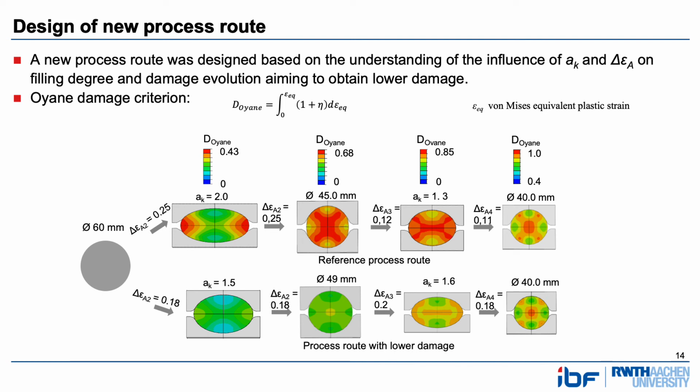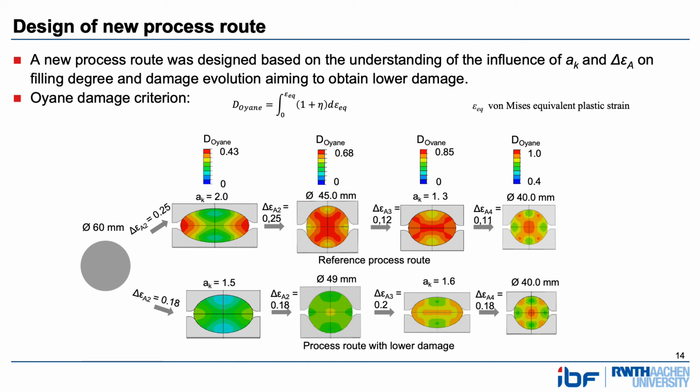We can see the new process route shows a good filling degree in each pass, and we can find similar damage distribution between these two routes, but significantly lower damage levels are predicted in the second and third pass in the new process route compared to the reference process route, because of the different load paths induced by the favorable combination of aspect ratio and area reduction.